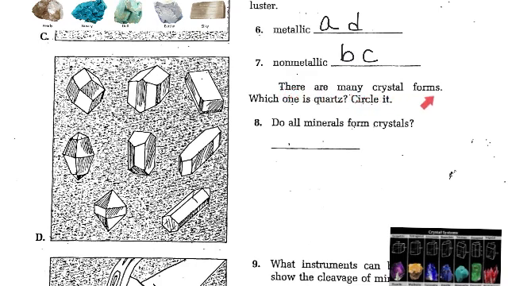So there are many crystal forms. Which one is quartz? And I want you to circle it. So the other day we were looking at quartz and identifying its shape, and it has a very specific type of shape that comes with it.